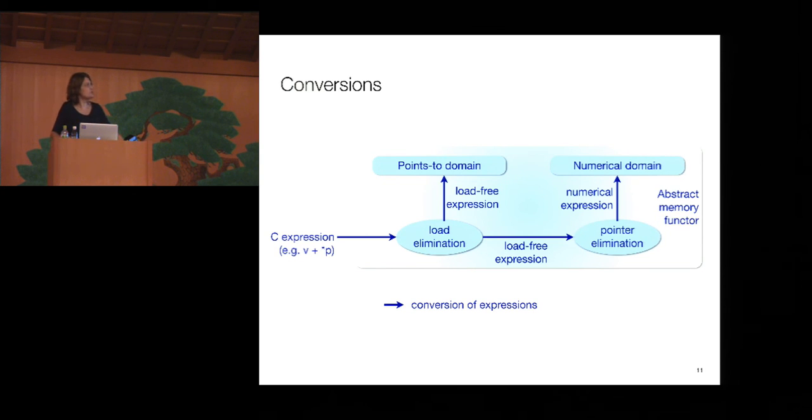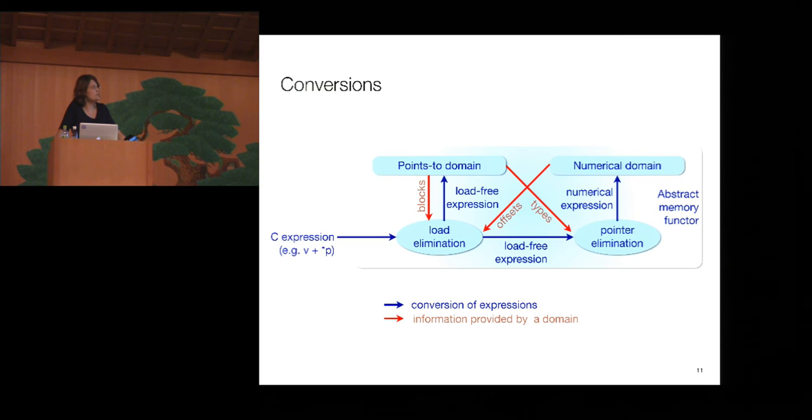In order to do these conversions, the elimination phase needs to access some information that is stored in both domains. For instance, in order to eliminate a load, which is an access to a cell pointed by a pointer represented by a block and an offset, and in order to have a precise approximation of the block and the offsets, the load elimination needs the information coming from the points-to domain and the numerical domain.